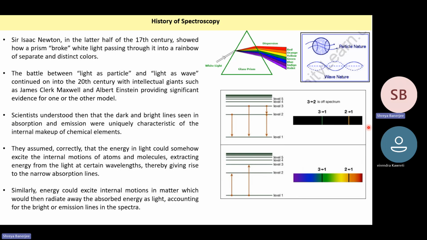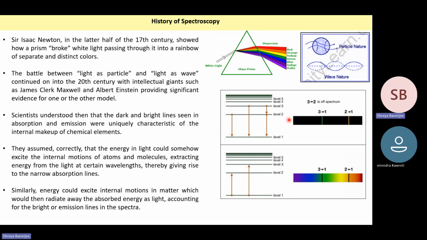So this first spectra shown here is an emission spectra, where only light of this particular wavelength will show up as a bright line. So imagine level 3 to level 1. This line, level 3 to 1, is showing up here. 2 to 1 is showing up here. 3 to 2 is very small, so the energy might not be visible in the range we are seeing, which is what is happening here.